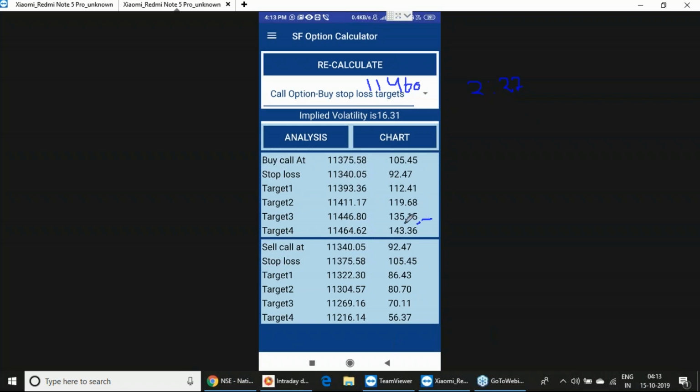However, the option price of 134 closely resembles your third target, and the fourth target of the underlying asset, 11,465, which you calculated in the morning at 9:15, you are achieving at 11,460 levels. So both things are getting achieved, and no stop loss is getting triggered. This is the process you should use with this free intraday option calculator for your intraday trade benefit.